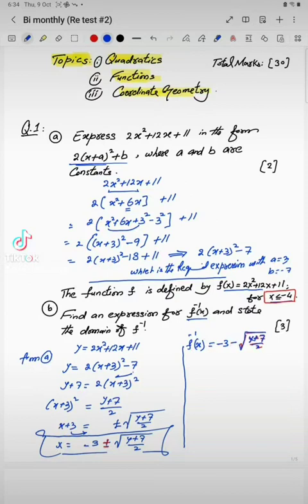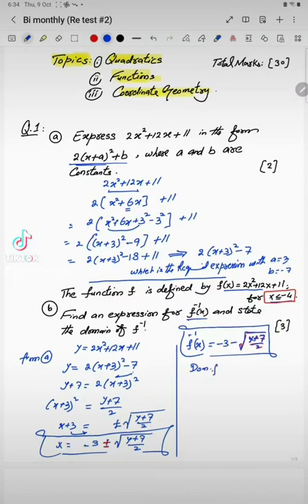Now one more thing to be asked: state the domain of f inverse. The domain of f inverse is equal to the range of f.